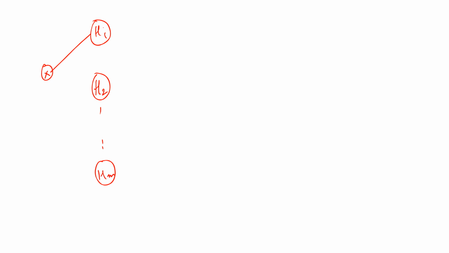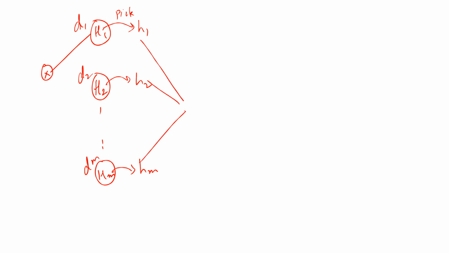What happens is that we pick just one of these outcomes, so maybe I'm picking H1, maybe I'm picking H2, maybe I'm picking HM. And let's say the VC dimension of these hypothesis sets is D1, D2, DM. And eventually we'll combine these to get some final hypothesis.